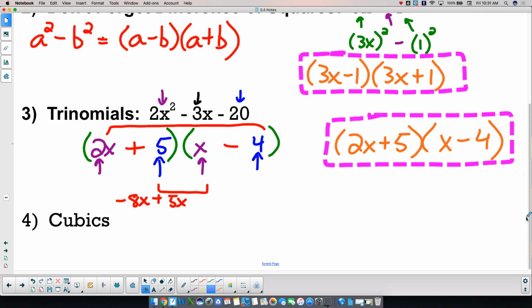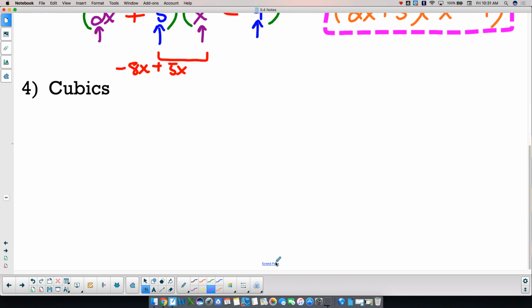The fourth way that we're going to learn today is cubics. Now, I think you saw some cubics in Algebra 2. There's really no mathematical, like I could go and I could prove how to do these for you, or I could just give you the formulas.